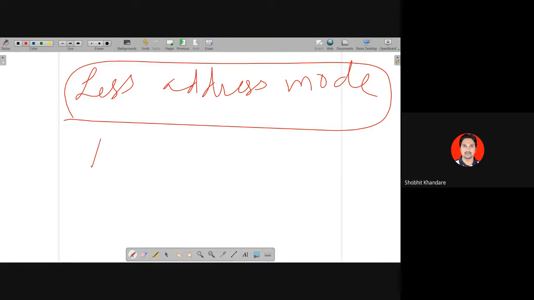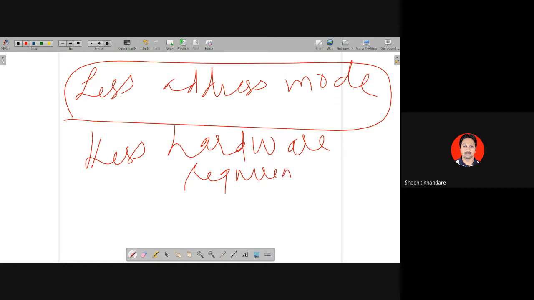Yes, it also has less hardware. It has a lesser hardware requirement. Why? See here now.